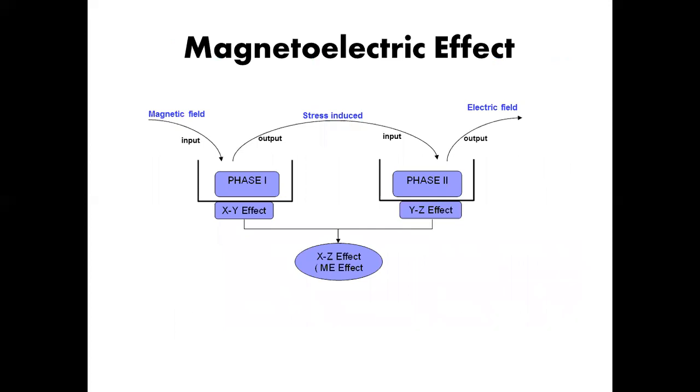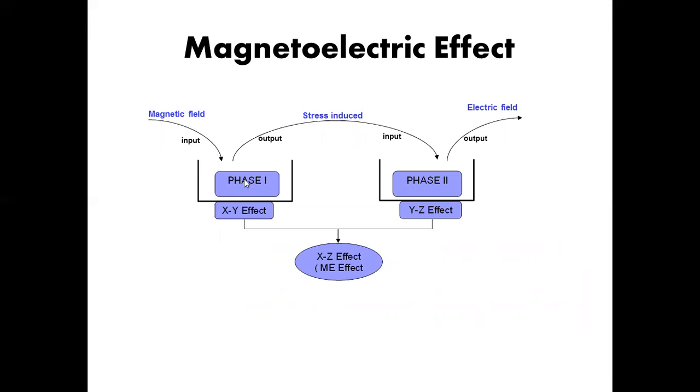So here, I will explain how we are getting this XZ effect or the magnetoelectric effect. In the diagram, you can see phase one material is there. Phase one material is generally a ferromagnetic material, or sometimes even a ferrite material, which is a ferrimagnetic material.